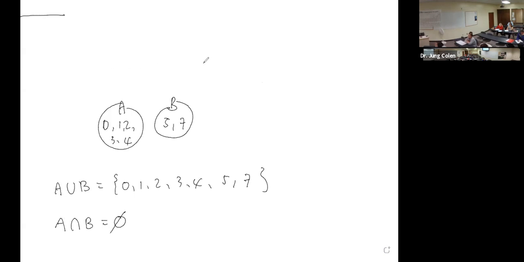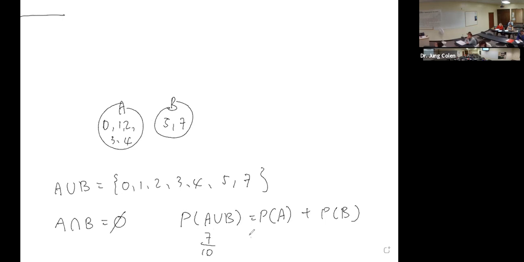If the two events are mutually exclusive, the probability of A union B is the same as just the probability of A plus the probability of B. You just add them together, because there's nothing intersecting. For our case, by finding A union B, we can find that the probability is 7 over 10.